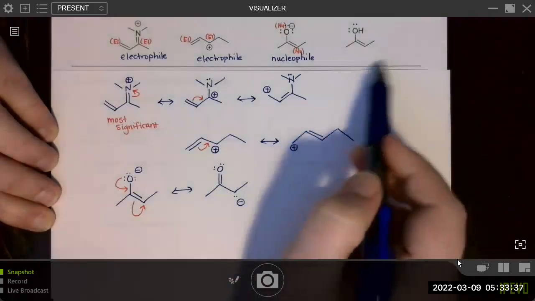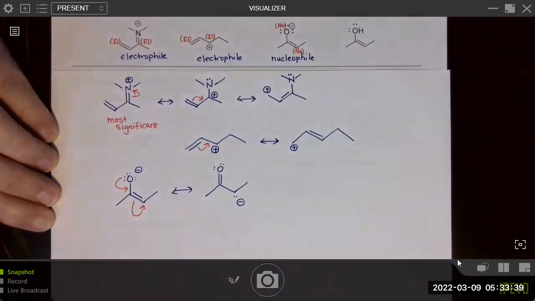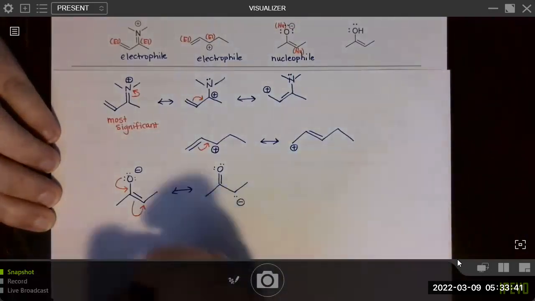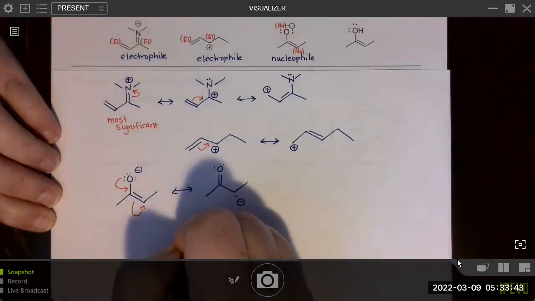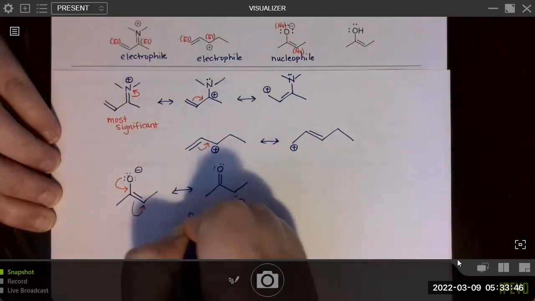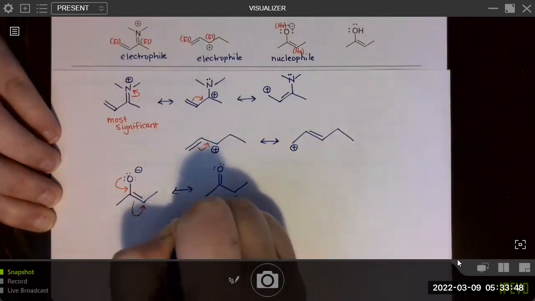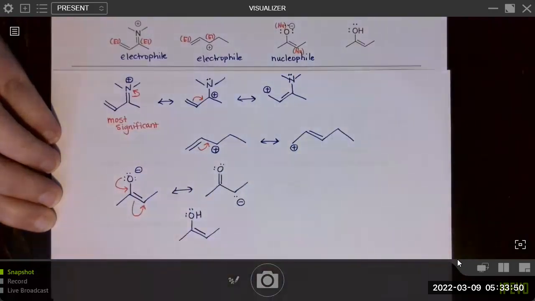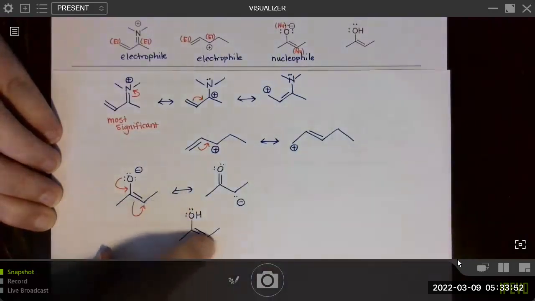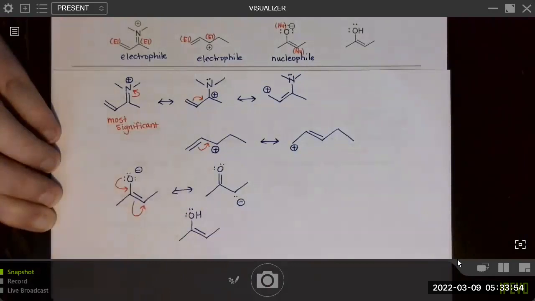What about our last example here? This one's very similar to the last case, but instead of having a full negative charge, we'll end up having partial charges.